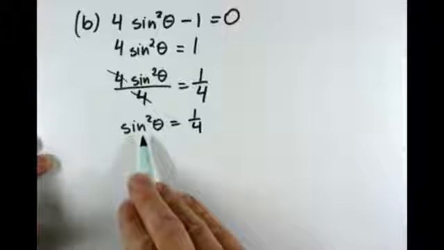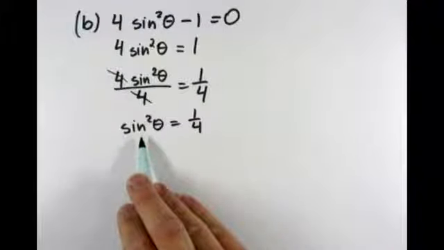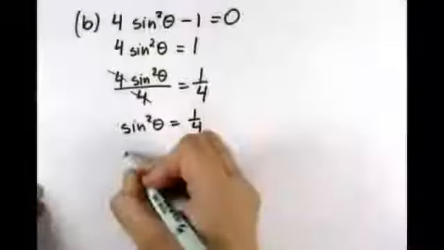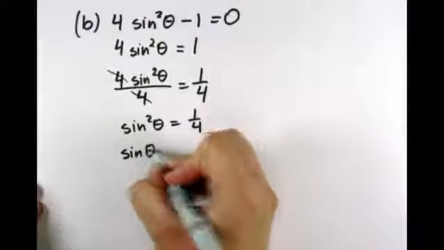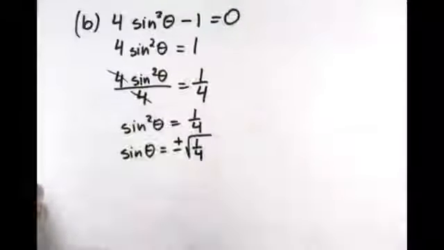Now you do need to solve it for sine. If I have sine square, how do we solve it for sine? We take the square root. Whenever you take a square root, you need to put plus or minus. So we have sine theta is equal to plus or minus square root of 1/4.